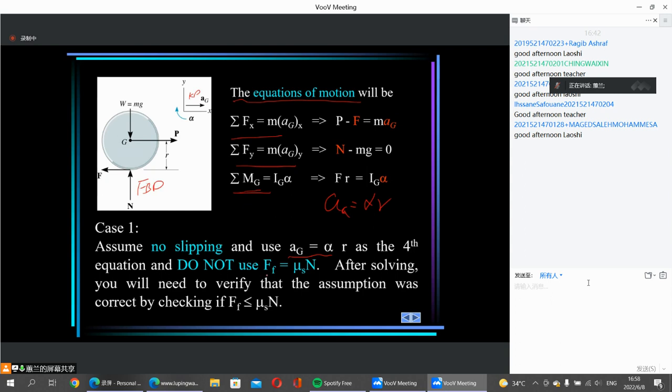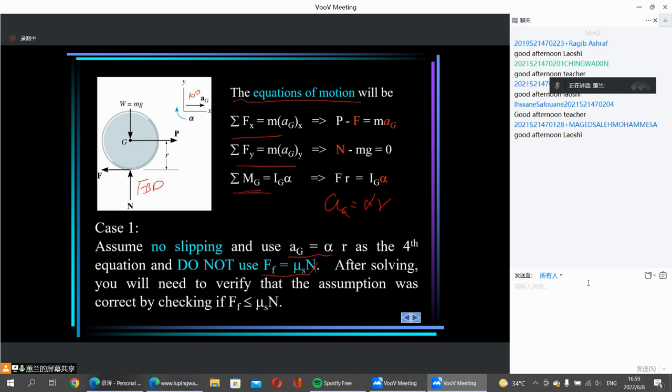This time, never use the friction force equal to friction coefficient times the normal force, because we don't know whether it reached the maximum static friction force or not.